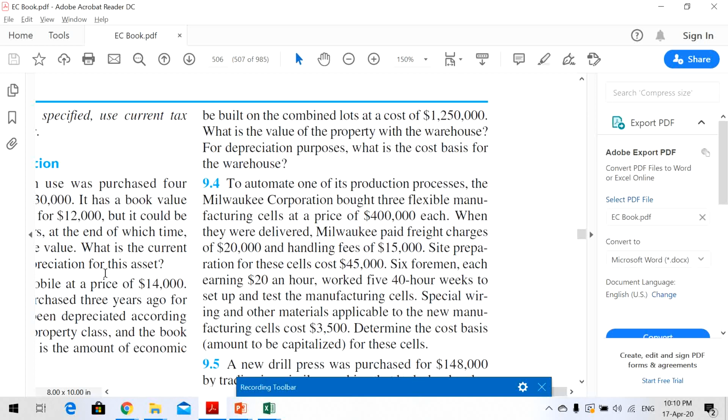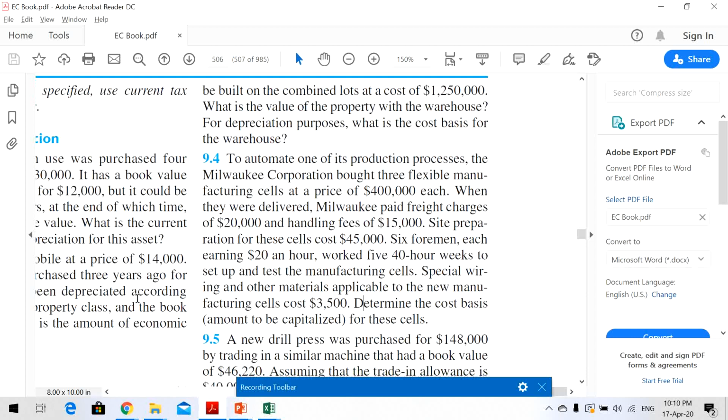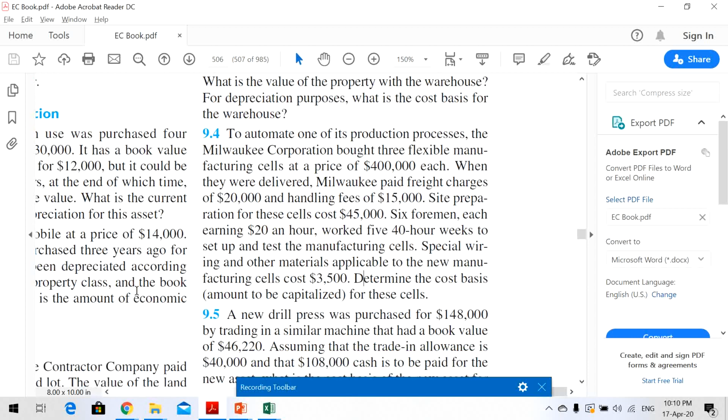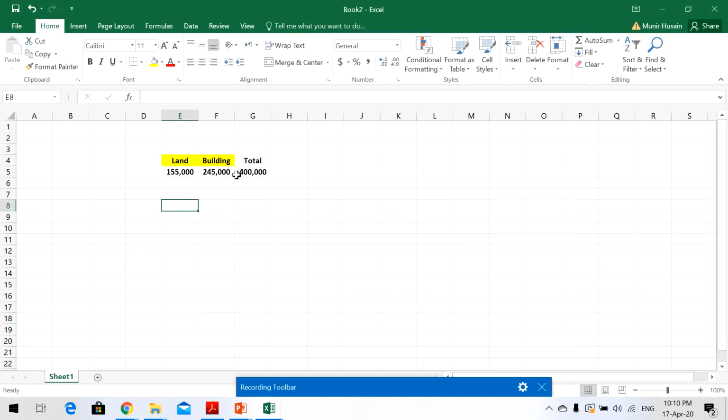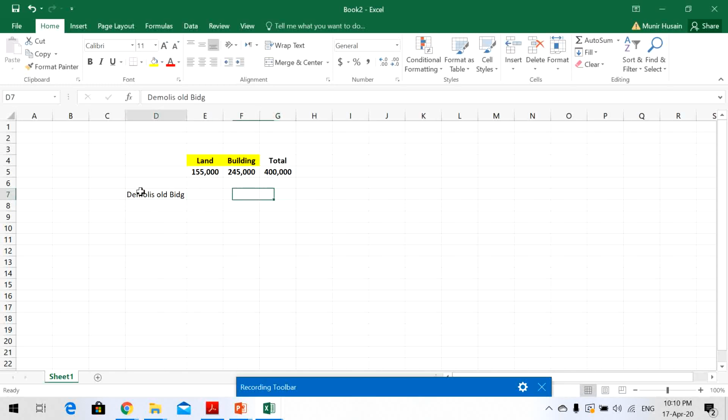So what we have done is we purchased a land and building, and then we need to demolish the old building, which you need to remove. Or you can call it a site preparation cost if you are in civil engineering. So, site preparation cost.